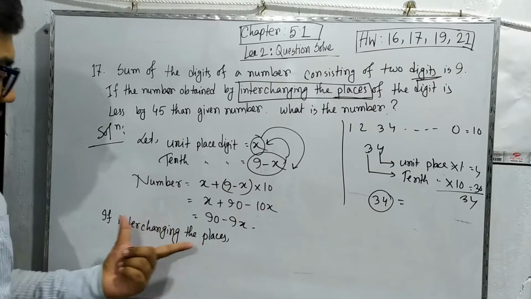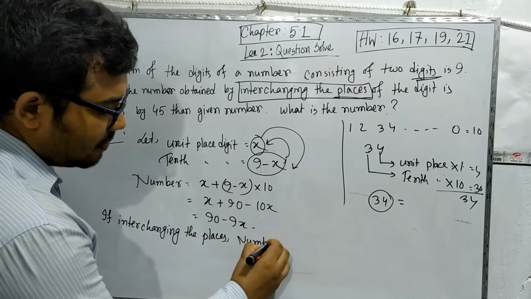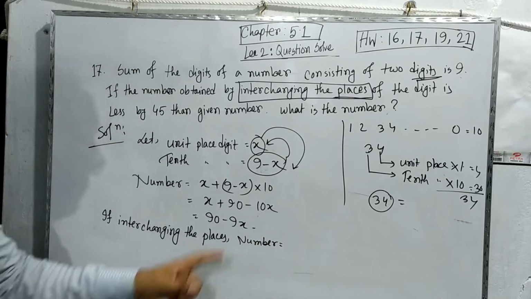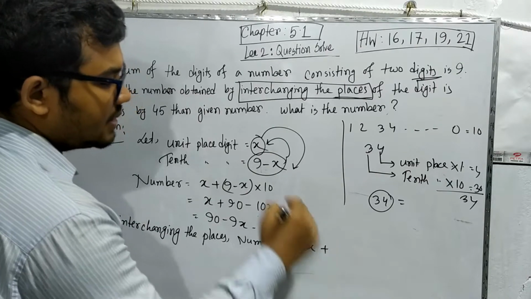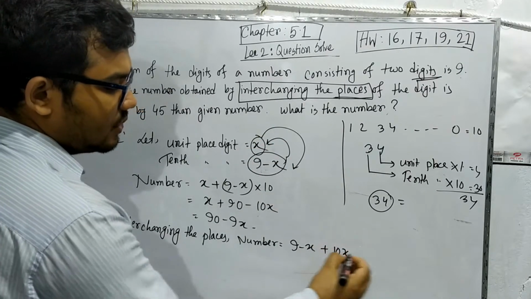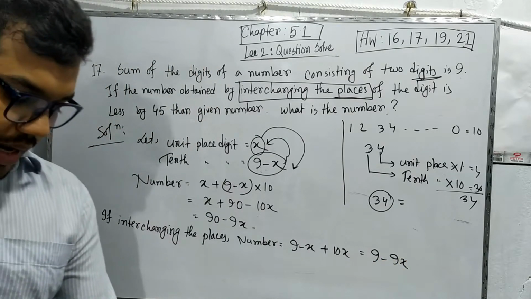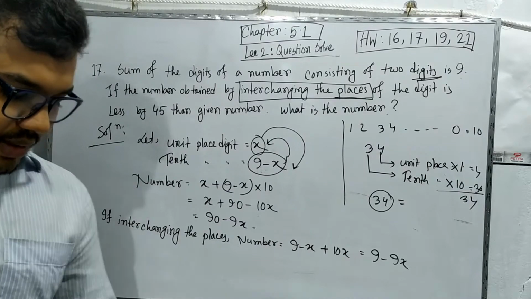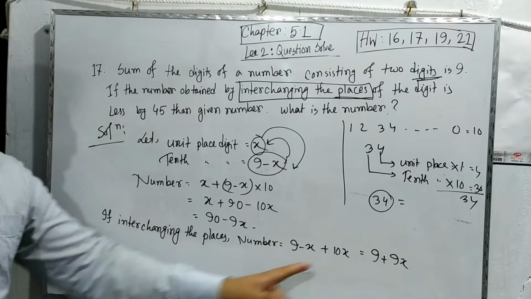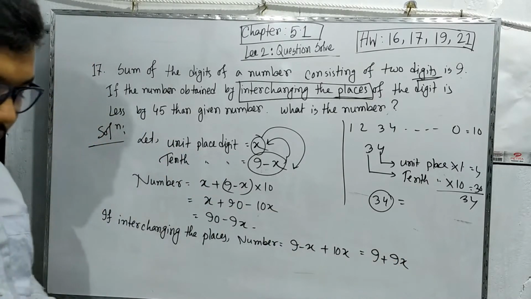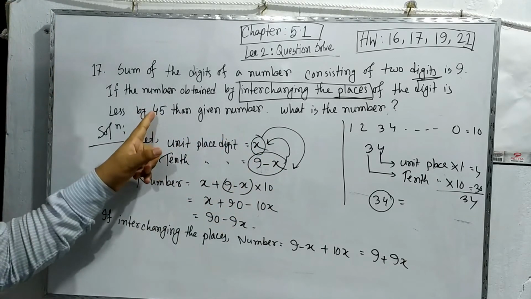Then the number will be 9 minus x, because that is the unit place, plus 10 into x. So 9 plus 9x.